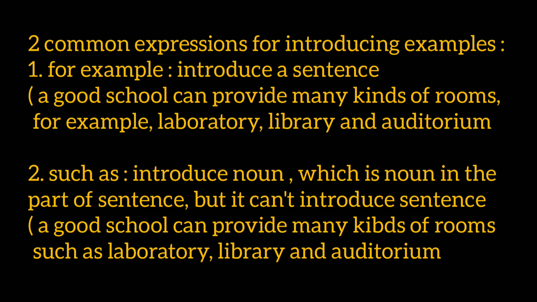So the difference between for example and such as: for example can introduce a sentence, but only if the noun or list of nouns is part of a sentence. Such as cannot introduce a sentence, but it introduces a noun that is part of a sentence.